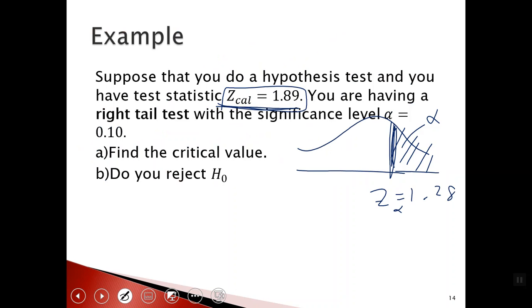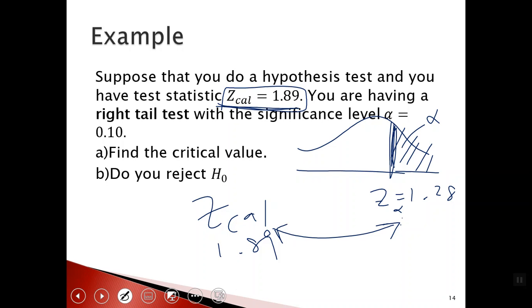Now you have this critical value. You have to check your calculated value with this critical value. That's how we come to a conclusion by comparing. You have Z cal value is 1.89. Compare these two values. Your value is 1.89, the critical value is 1.28.